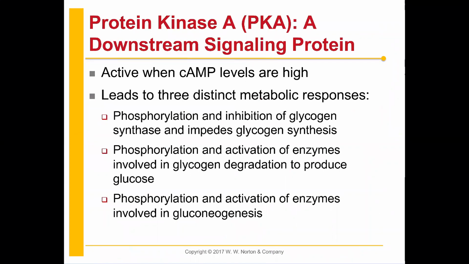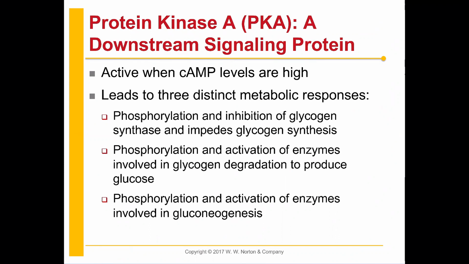So when that happens, we actually have 3 distinct metabolic responses, right? Why would we want PKA to be active right now? What we want is to put glucose into the bloodstream, and we're actually going to do it in 3 different ways, which is absolutely awesome that the body is designed this way.